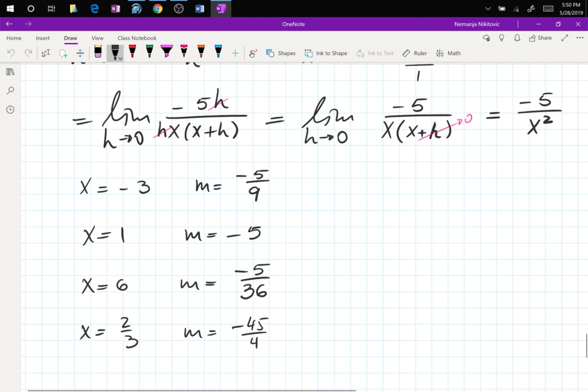Our function is 5 over x, so 0 would make it 5 over 0. Well, that's no bueno. And our derivative is negative 5 over x squared. Well, that would make it negative 5 over 0 again. So the, quote, bad value for a function is also at the same time a bad value for the derivative.